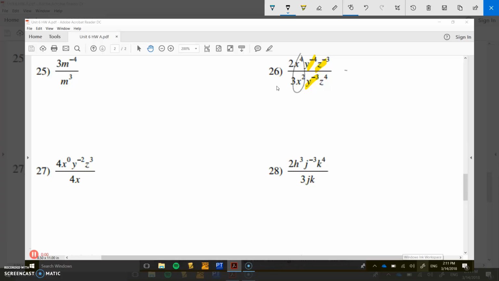So 2 and 3 have to stay because they don't divide nicely. 4x is on top, x to the 4th, and then 2x is on the bottom. So when you cross out, you're going to have 2 x's left over up top. So I'm going to write x squared.